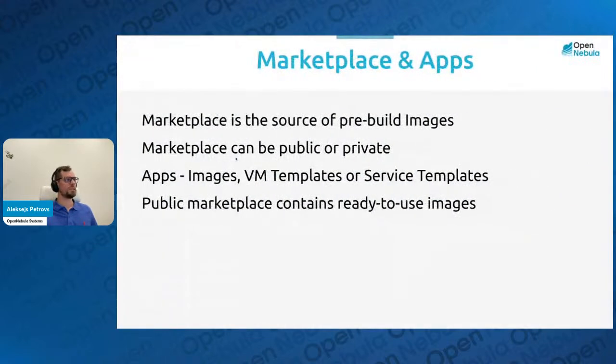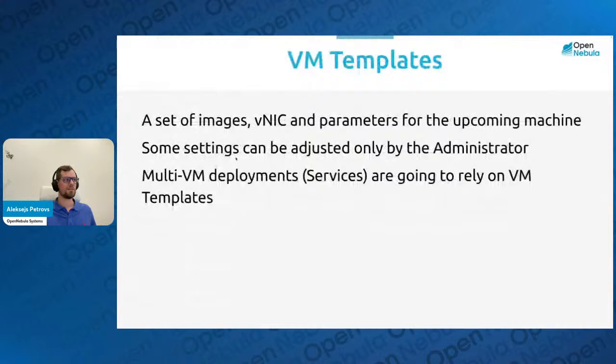So a virtual machine template is a set of images, a set of network interfaces, and adjustable parameters for the upcoming machine, right? So you define different settings like memory, like virtual CPU, like networking, the amount of network cards, and so on in the virtual machine template.